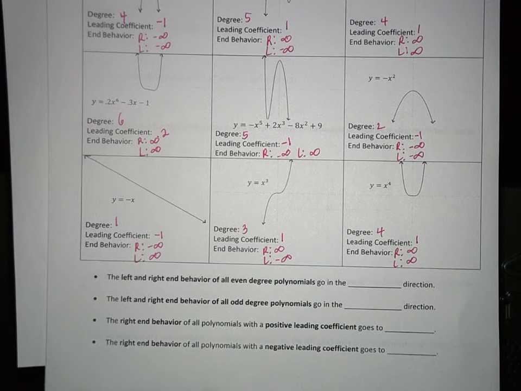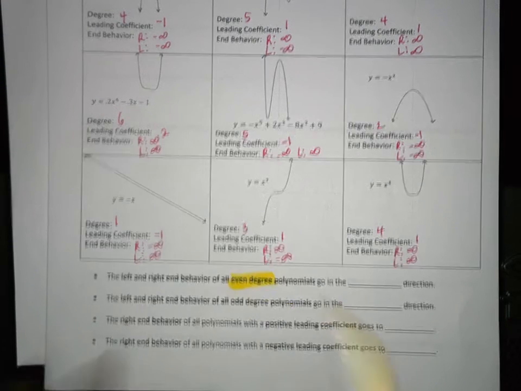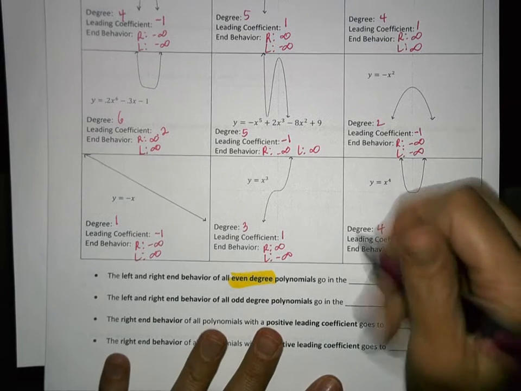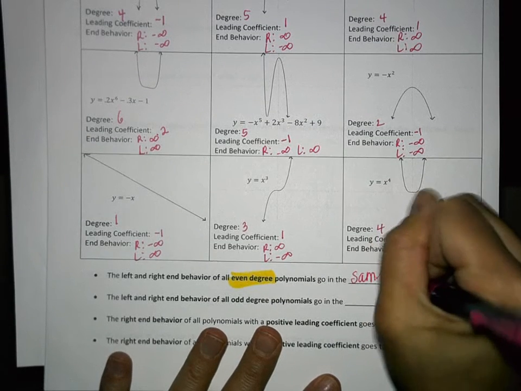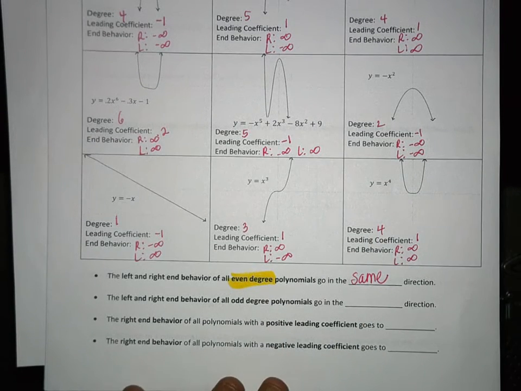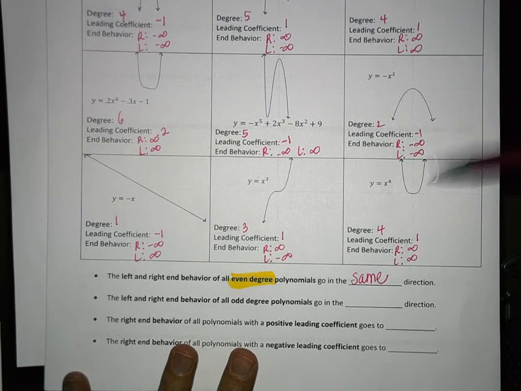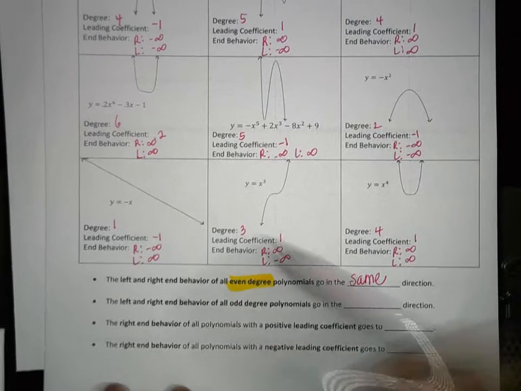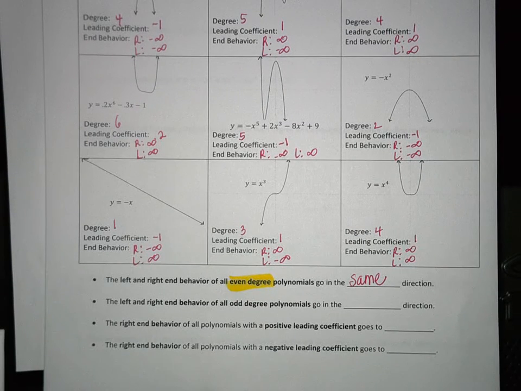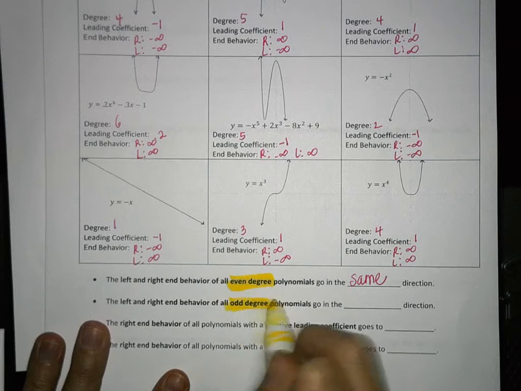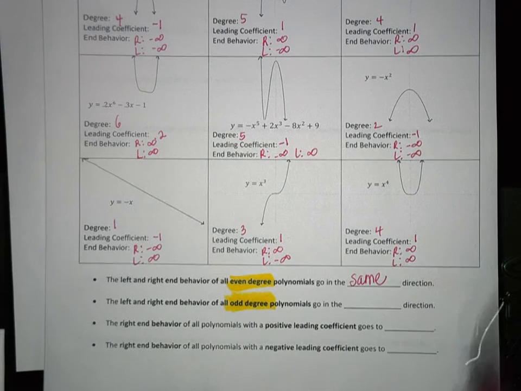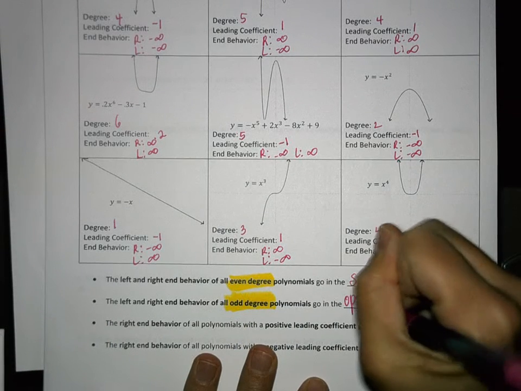So that means that even degrees always go in the same direction. That is something you're going to have to remember, but it'll be easy as we go through it. So again, if you go back and look at all these, each of my even degrees either both go negative infinity or they both go positive infinity. The left and right end behavior of all odd degree polynomials, what do you notice about the odd ones? Very good. They go in opposite directions.